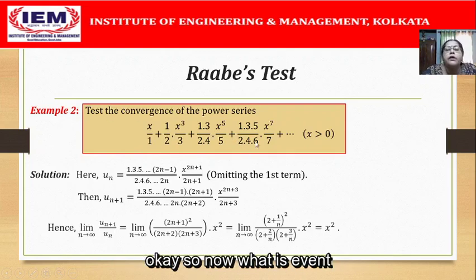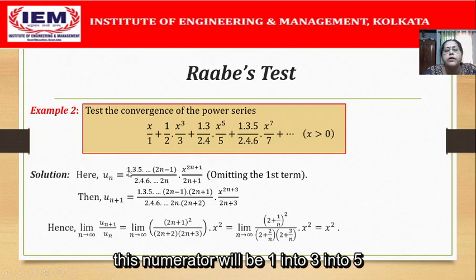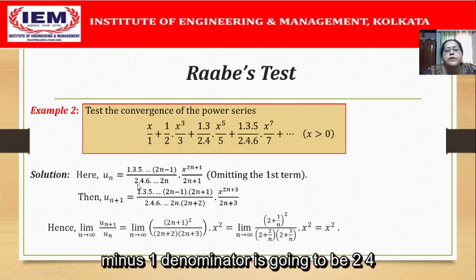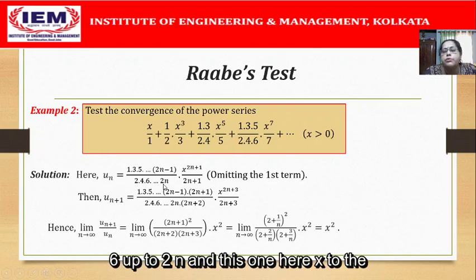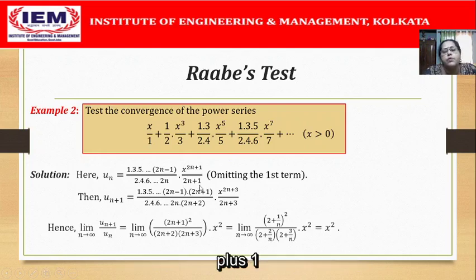Okay, so now what is un? See that if this is the third term, so this numerator will be 1 into 3 into 5 up to 2n minus 1. Denominator is going to be 2, 4, 6 up to 2n. And this one here, x to the power 7. So this is x to the power 2n plus 1 for the nth term, and denominator is also 2n plus 1.